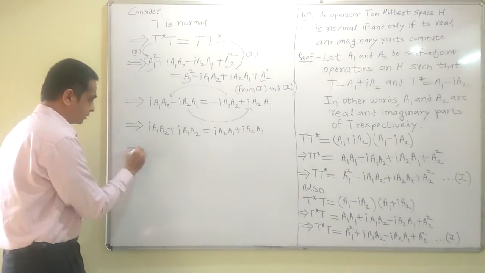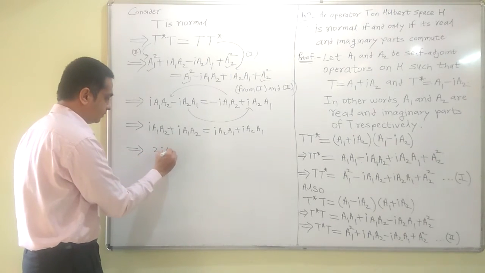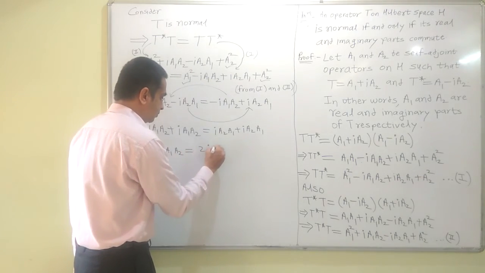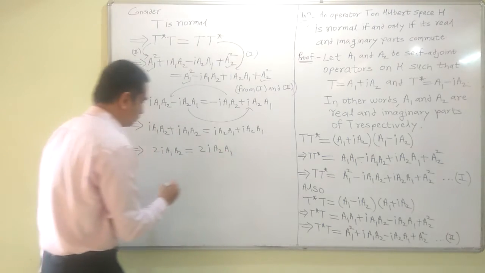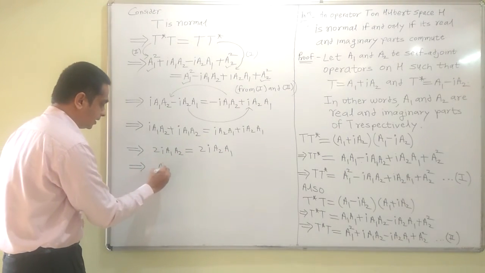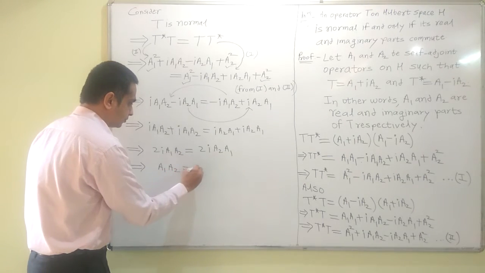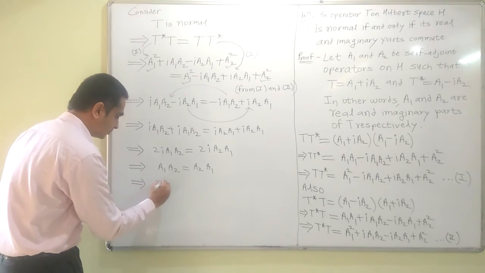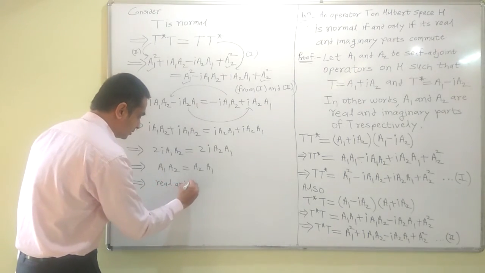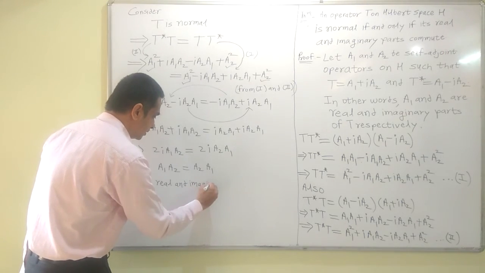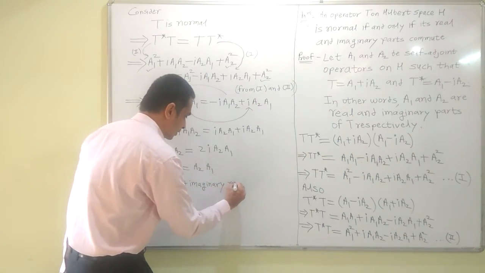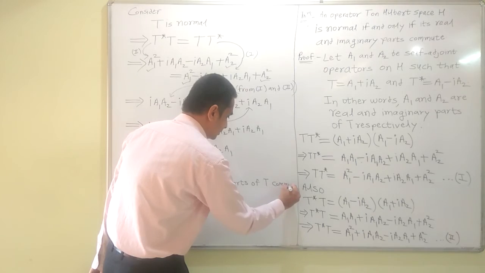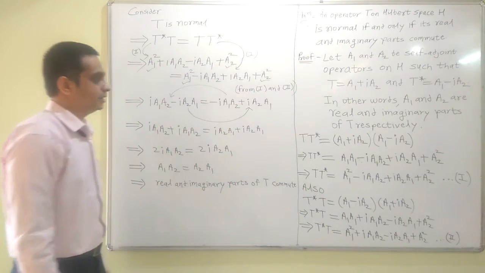This implies that 2i A1 A2 is equal to 2i A2 A1. We can cancel out 2i, so we get A1 A2 equals A2 A1. This implies that the real and imaginary parts of T commute.